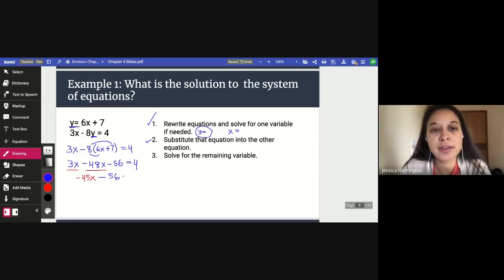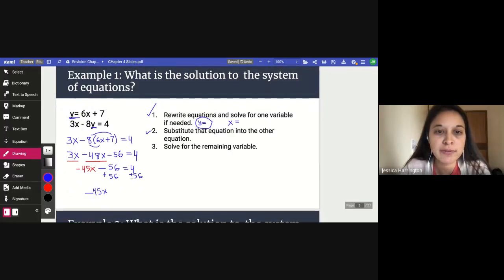And remember, I'm trying to solve for x, so I need to get x by itself. So in order to get x by itself, let's get rid of this 56. Let's move it to the other side by adding 56. All right, so now what do I have? Now I have negative 45x. Handwriting more sloppy down here. That's gone, and 56 plus 4 is 60, right?